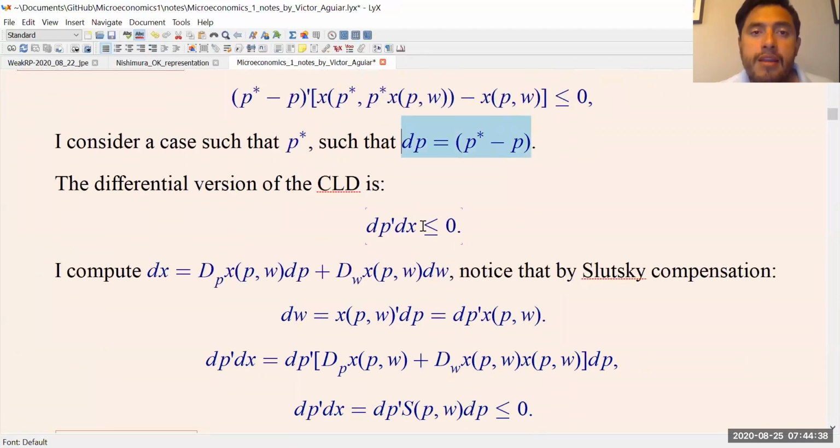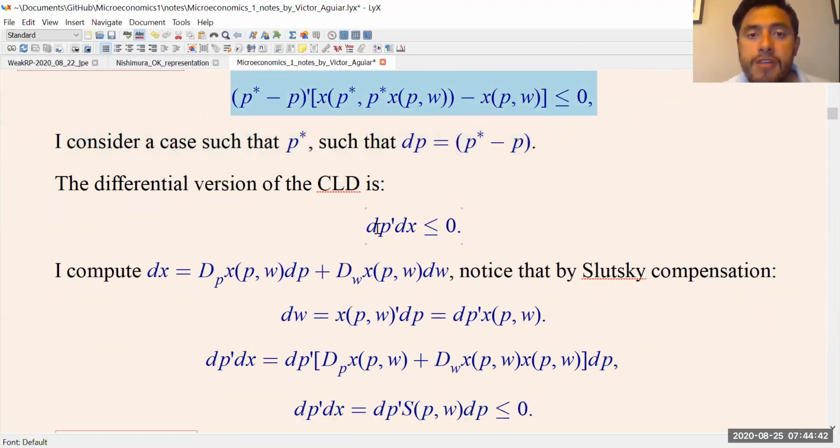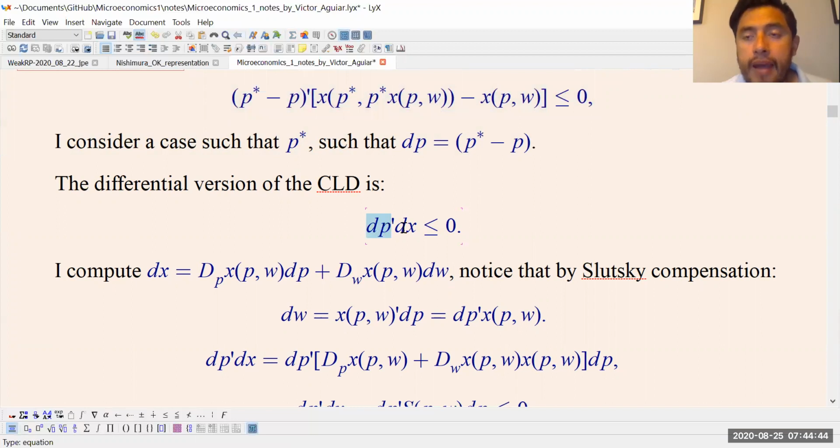So this equation can be written simply as dp times the differential of demand, dx. What is the differential of demand? This is a total differential, again from calculus. So dx is equal to the substitution matrix, the derivative of x with respect to p, times dp. This is the first argument. Plus the second argument, the derivative of x with respect to w, times dw.